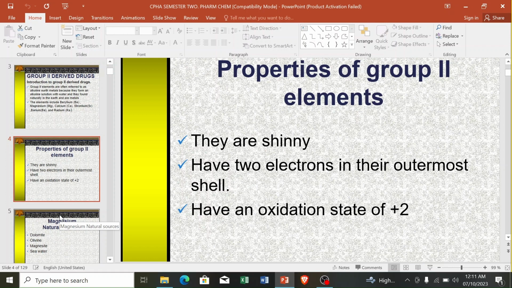Let us look at properties of group 2 elements. We have majorly three properties, though you may encounter others as you keep revising. They are shiny, and they have two electrons in their outermost shell, with an oxidation state of +2, or a valence of 2.